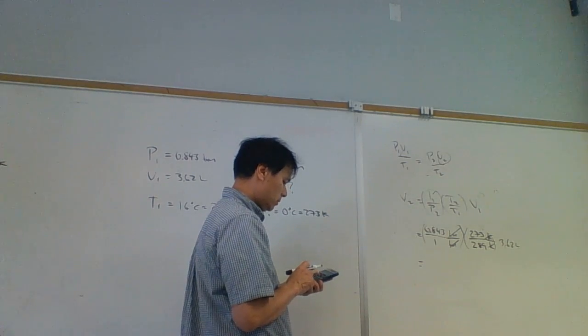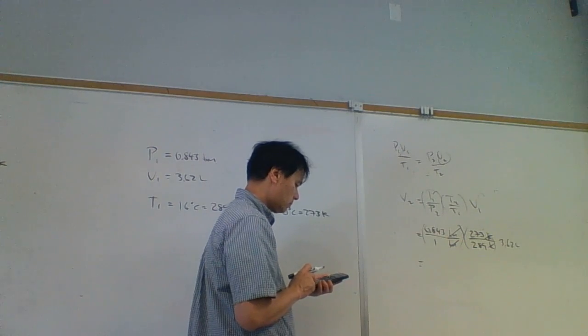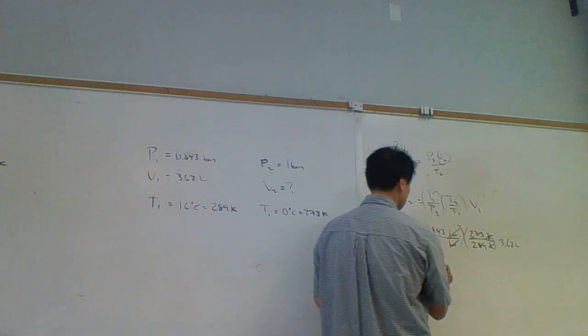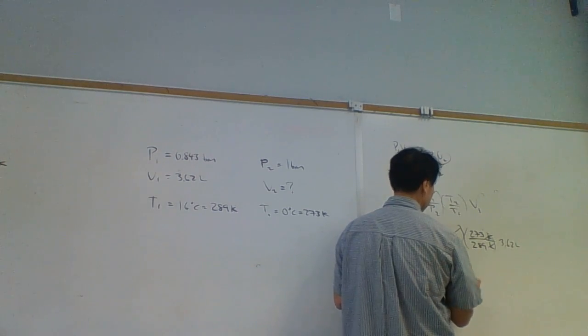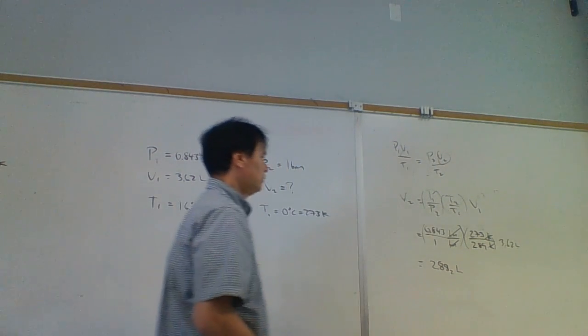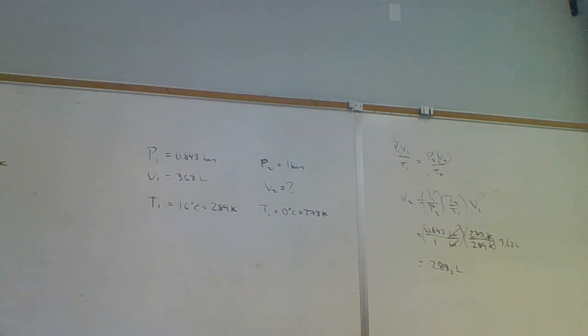So 273 divided by 289 times 3.62 is 2.82. If you increase the pressure and decrease the temperature, the volume should contract. That's what we see here. 2.882, which rounds to 2.88 liters.